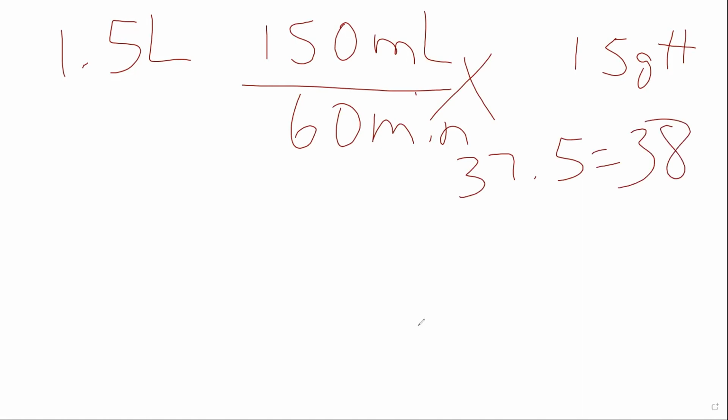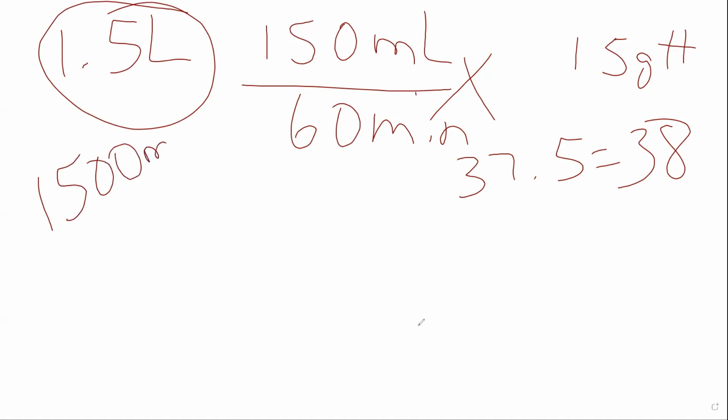Okay. Now, because the formula is total volume over total minutes, if you use that formula, this is actually your total volume. So that would convert to 1,500 milliliters. But this is not your total minutes. This is only your minutes over 1 hour.